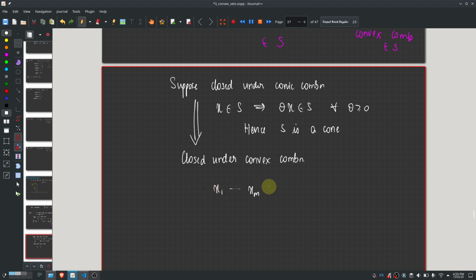I know that all conic combinations of x1 through xm lie in S. But what if I take a convex combination of x1 through xm? That should also lie in S because every convex combination is also a conic combination. Does that make sense? So this is in fact the easier side of it.